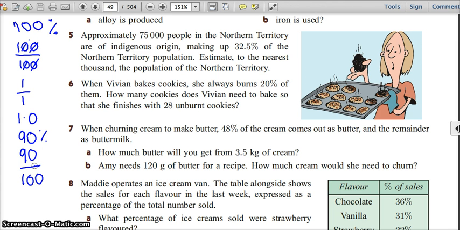And if it looked like 90 over 100, we would simplify that to 9 over 10 and we'd move the decimal place one place. So as a decimal, it would look like that. You all happy with that?